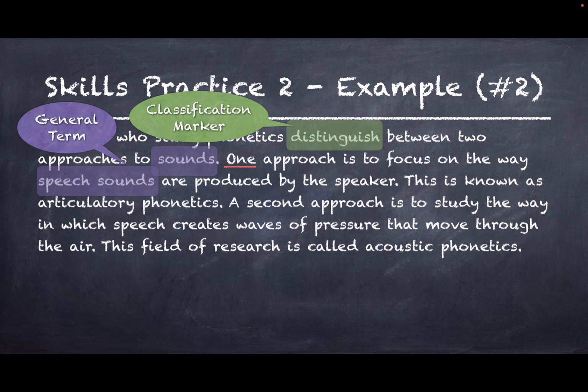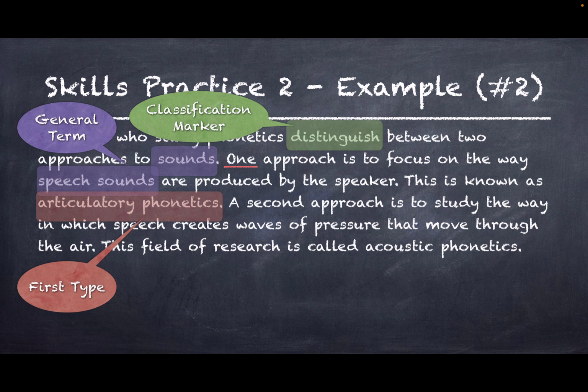If you said that you're going to use the number 1 to find the first approach, you are correct. So 1 tells us that that's the first approach. So we know that that's going to be the first type. And if we keep reading, we learn that articulatory phonetics is the name of the first type. All right, so how do we know what the other type is?